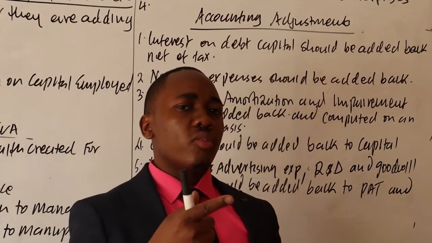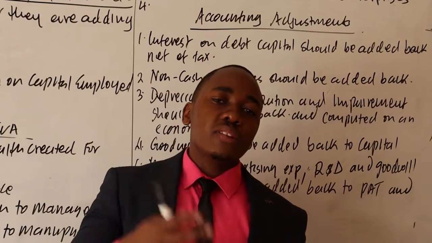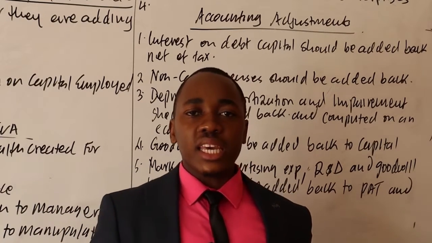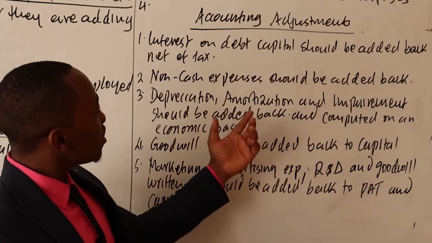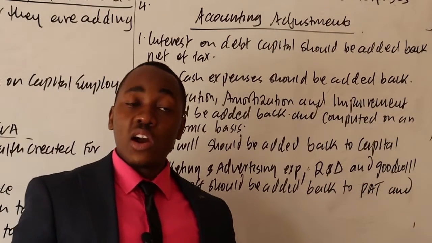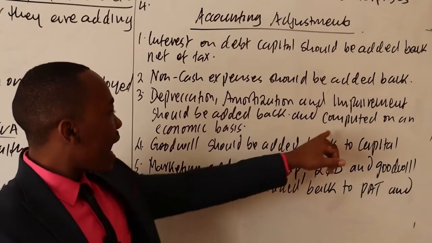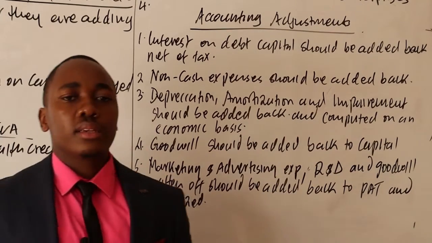When we say computed on an economic basis, instead of providing depreciation, the economic basis for depreciation is what we call wear and tear of the capital allowances. So you add back the depreciation and amortization, then you raise wear and tear of the capital allowances. That's what we mean when we say that. You add them back and compute on an economic basis.